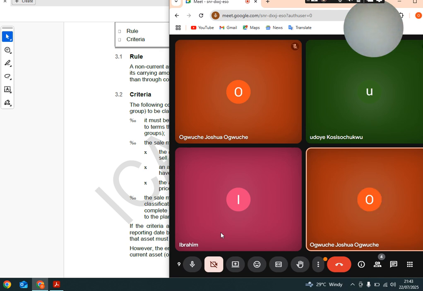So when you say net realizable value, you don't talk about cost to sell again, because cost to sell is included in that. For you to get your net, you must have removed all your costs from gross.